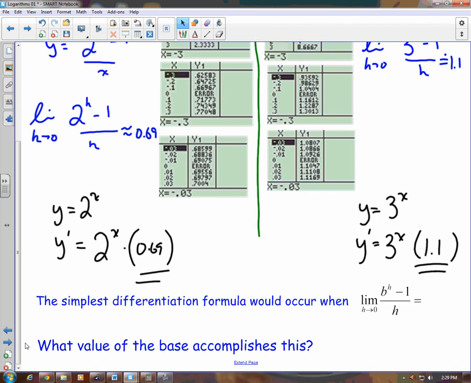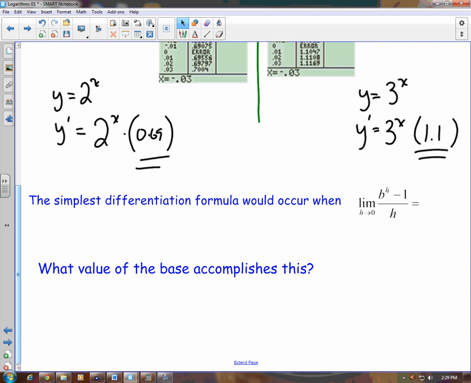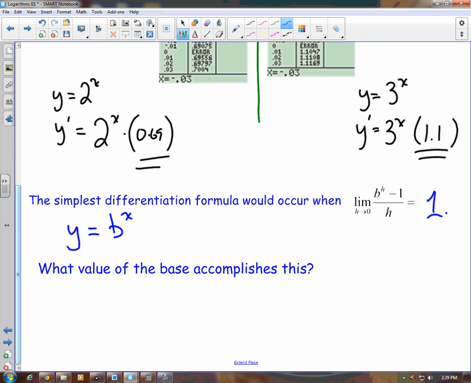The next question says, the simplest differentiation formula would occur when that whole thing becomes what? 1, right? The simplest thing would be if this could become 1. Because here's what you'd have. You'd have y is equal to something to the x, and then what it produces is that something to the x times 1.